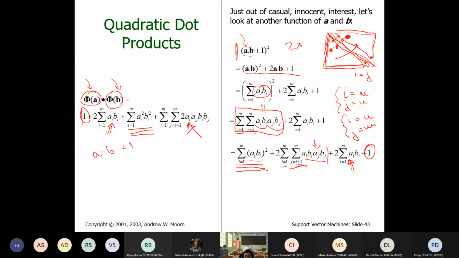Now, to compute this, we only need M operations, because A and B are M dimensional, so the product will have the value of M. Therefore, instead of having M squared over 2 operations to compute this one, we can use this trick to do the same computation in O of M time.